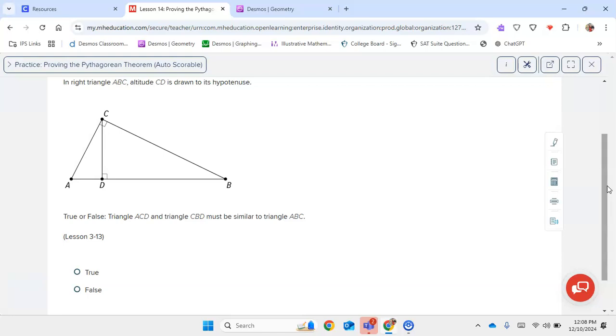Alright, so CBD and ABC both share a common angle, angle B. Yeah, CBD, that's the middle-sized triangle, and ABC, that's the big triangle. They both have this angle, angle B, and they both have a right angle. It's marked there and there, so they are similar by angle, angle.